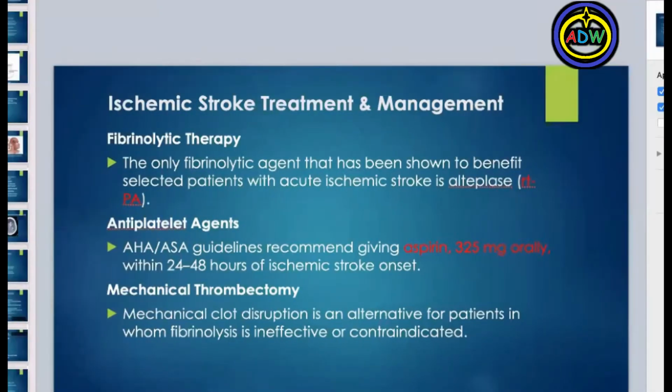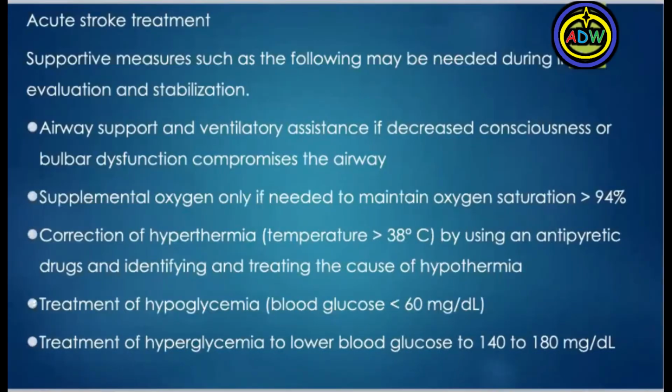So, acute stroke treatment. Of course, airway support and ventilation, with supplemental oxygen only if needed to maintain oxygen saturation above 94%. If there is hyperthermia, we have to manage it by prescribing antipyretic drugs such as acetaminophen.